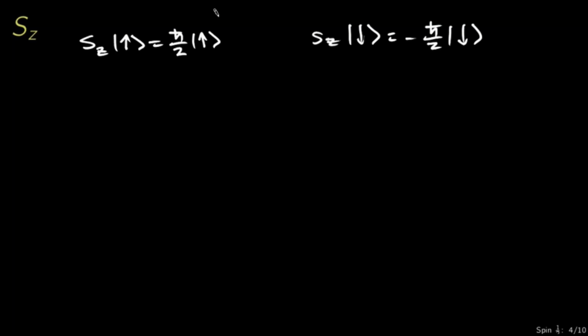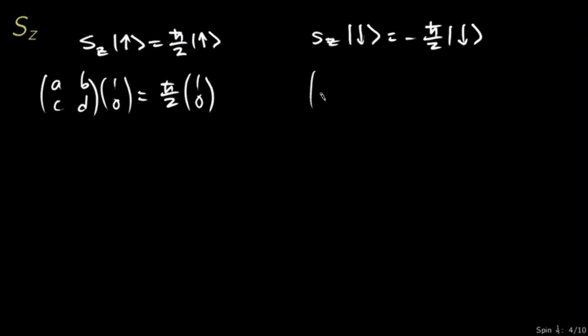Similarly to the last slide, we can write out matrix representations of this. So some unknown a, b, c, d, and these are now different a, b, c, d from the last slide, acting on (1, 0) gives us ħ/2 (1, 0). Now these a, b, c, d's are the same as these a, b, c, d's, since we're considering the same operator.